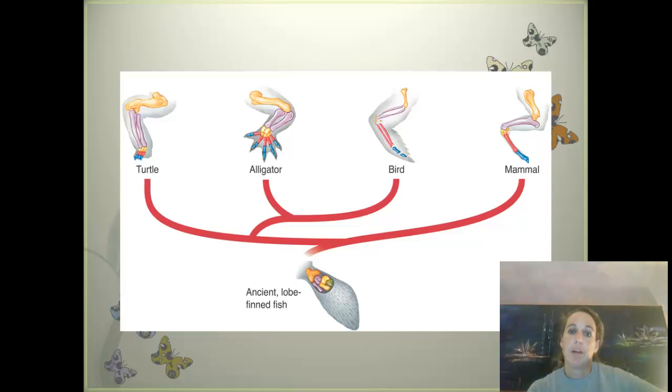Here's an example of the homologous structures. So everything has this long bone called the humerus. And then you have two bones here, the radius and the ulna. You can see that some are thicker than others, some are longer than others.